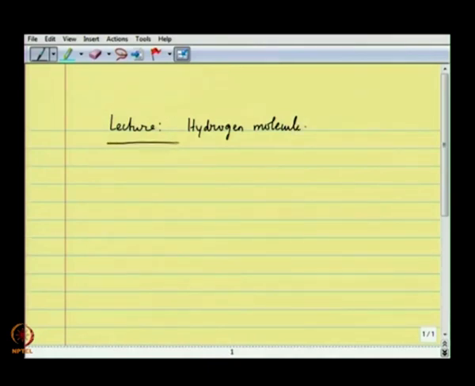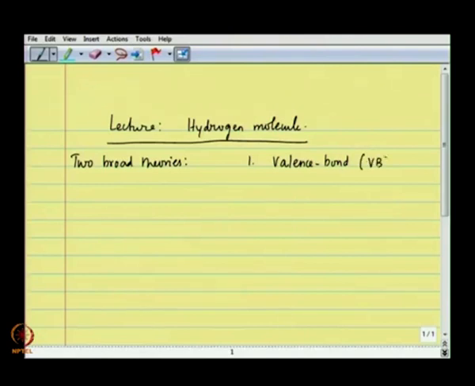we shall look at it with the help of 2 broad pictures, 2 broad theories. The valence bond theory or valence bond method, often called VB method, first proposed by Walter Heitler, I think.